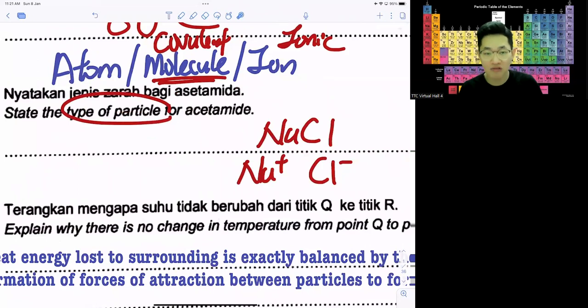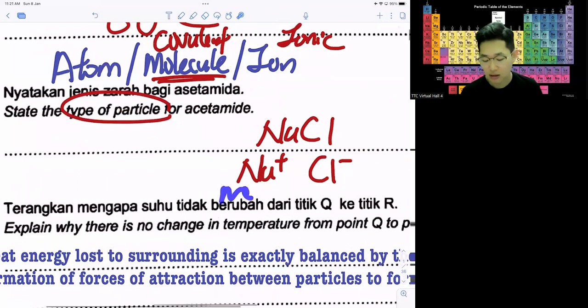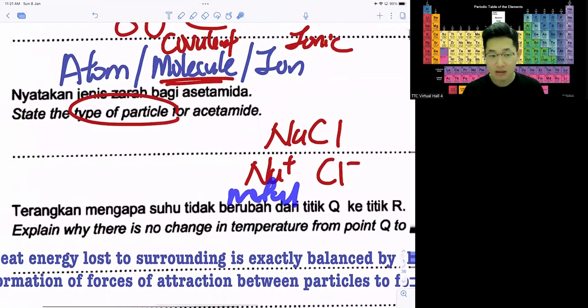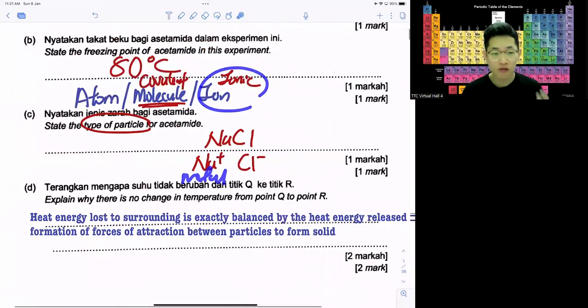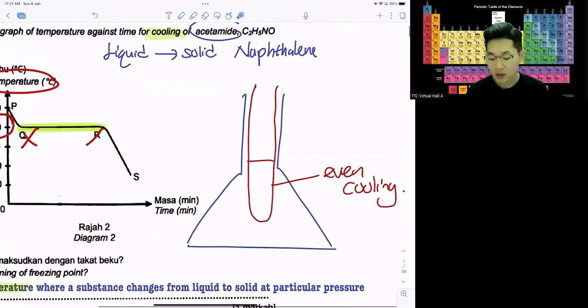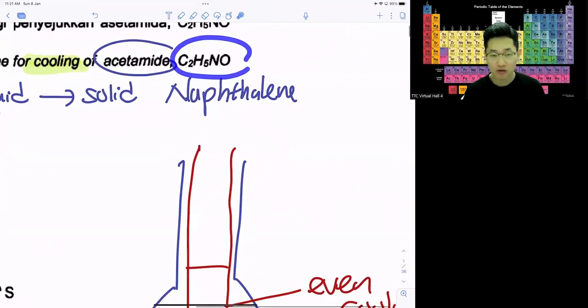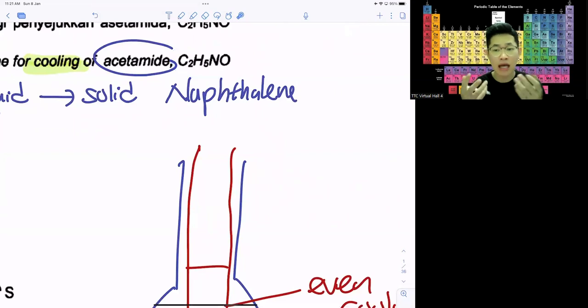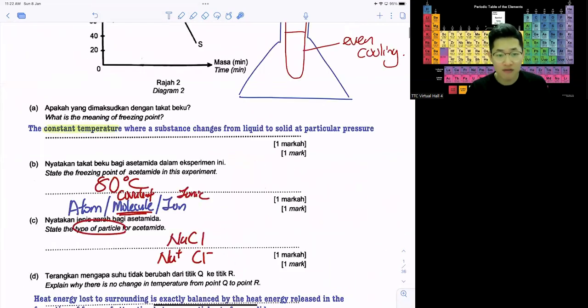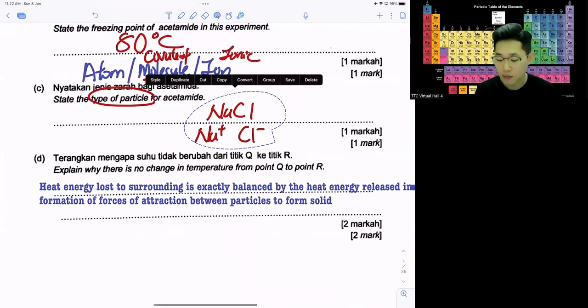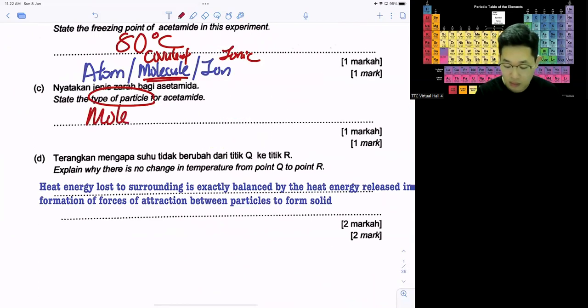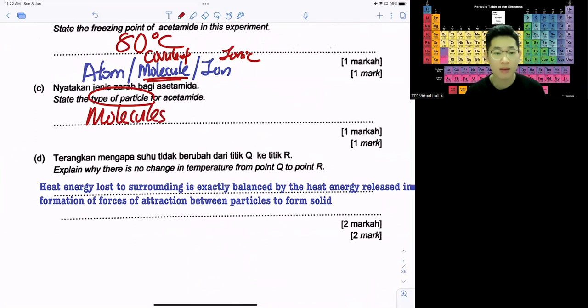So you can double confirm whether it's an ion or not by looking at the first substance, whether it is a metal or not. If it is a metal, it will be ion. For acetamide, with this formula C2H5NO, definitely I'm not able to split it into ion. 我不能够分出 ion 的，就会是 molecule。就这样，OK.